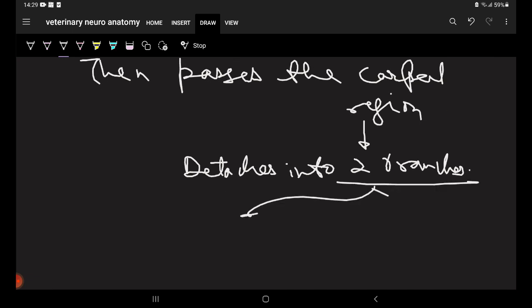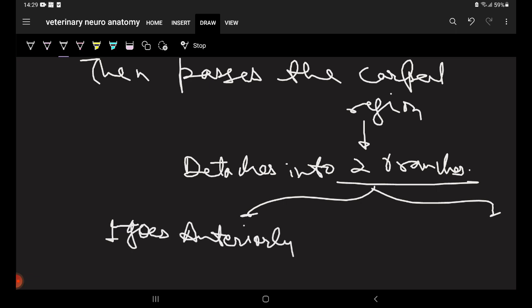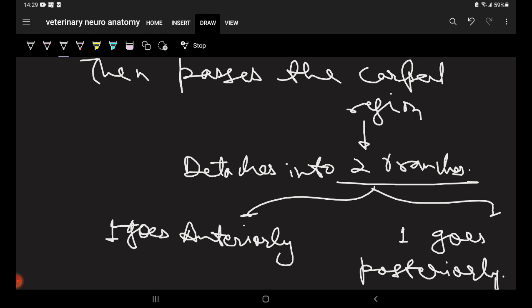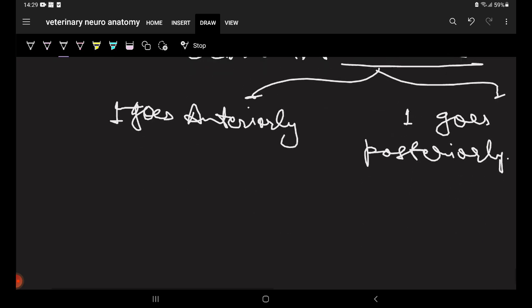So of these two branches, one goes anteriorly and one goes posteriorly.